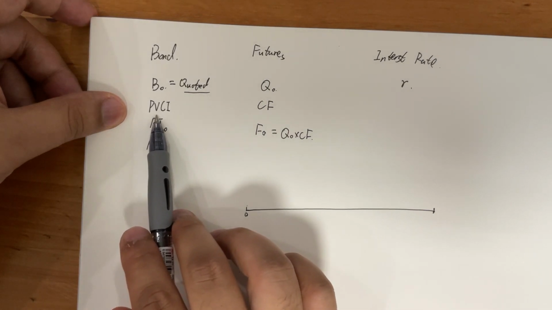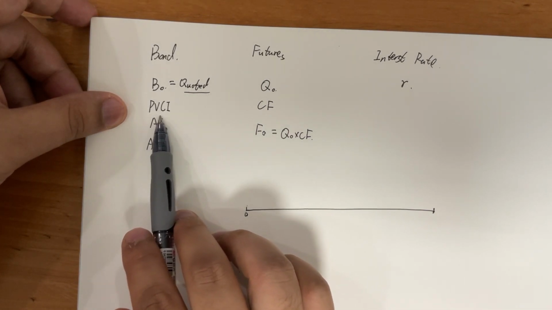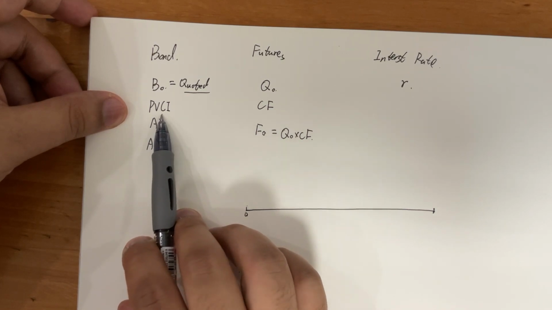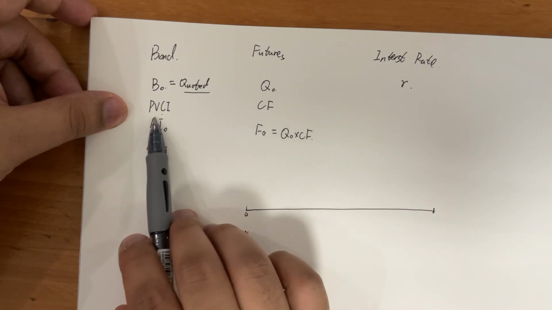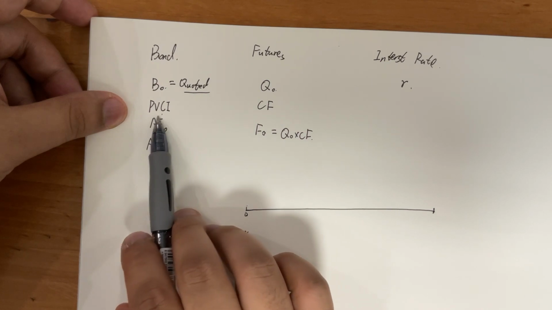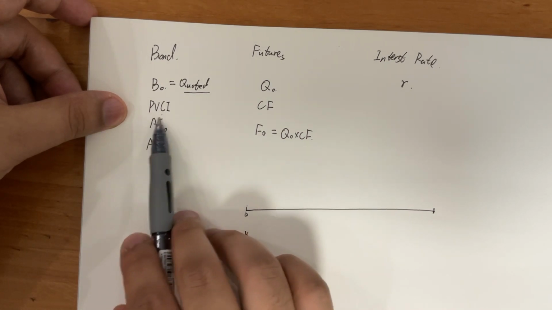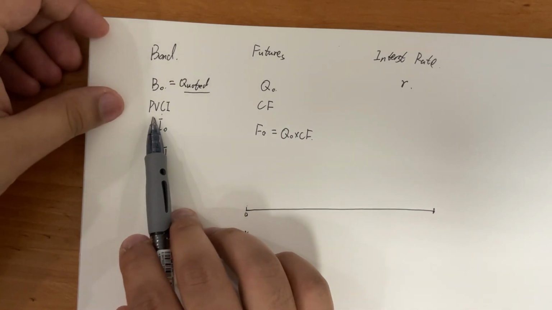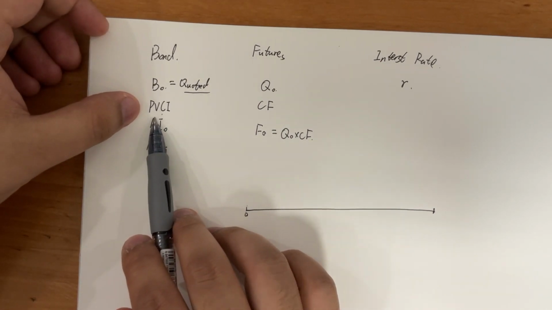So, present value of CI. This is like a coupon interest, but I usually prefer to use it as a variable, so we can plug in a lot of things.